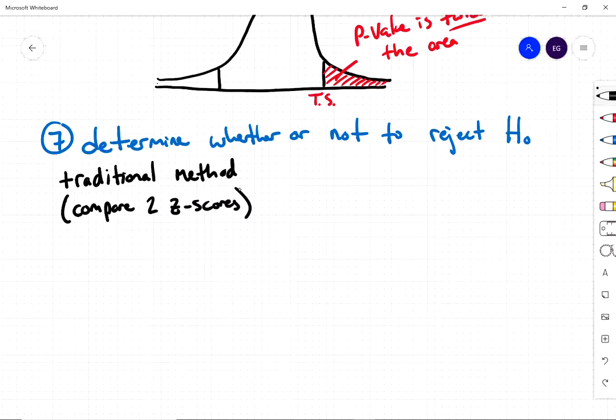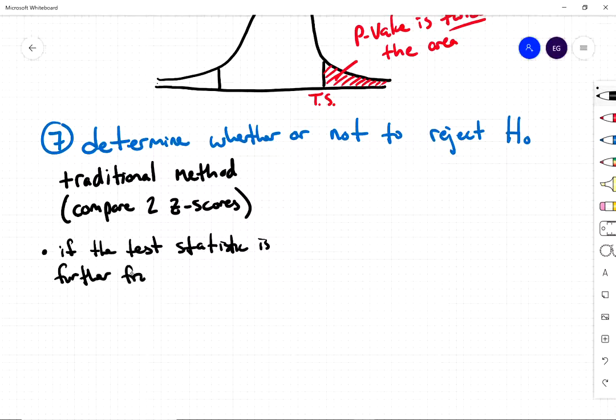And in that method, we'll say, 1, if the test statistic is further from 0 than the critical value.